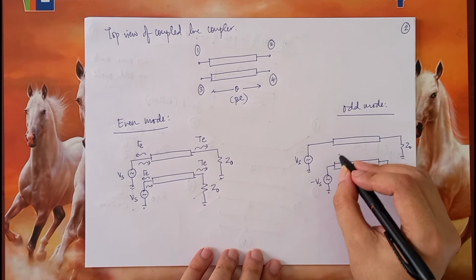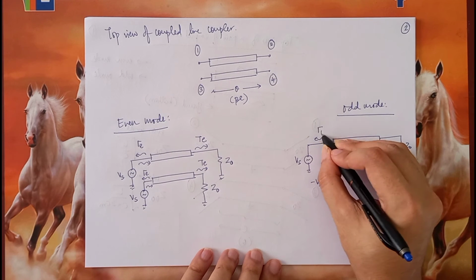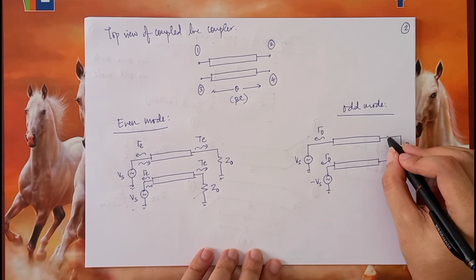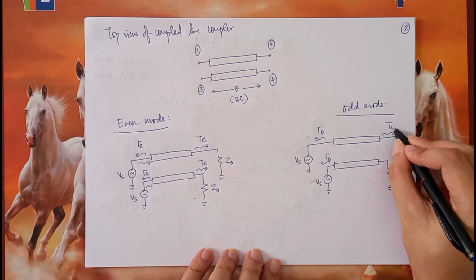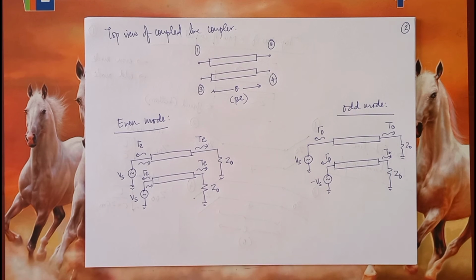In this case, the reflection coefficients, let's call them gamma O and gamma O to signify the odd mode, and the transmission coefficients, let's call them TO and TO to account for the odd mode. Is this fine?